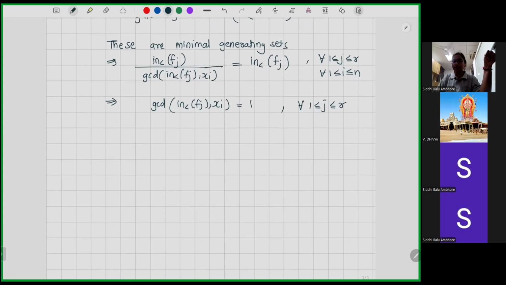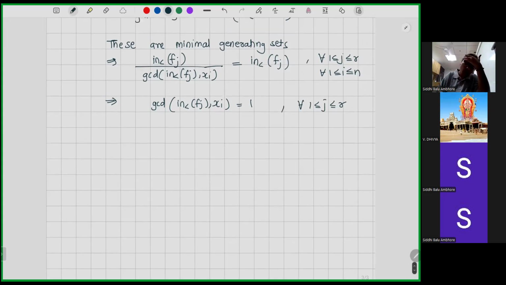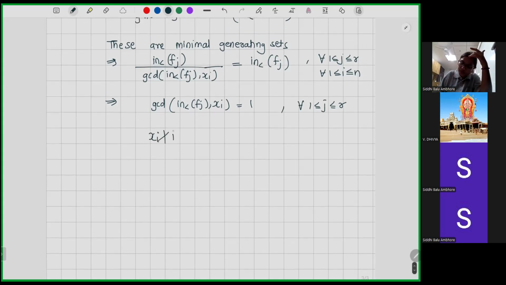So what does this imply? That no variable xi divides the initial term of my generating set Fj, for all j and for all i.